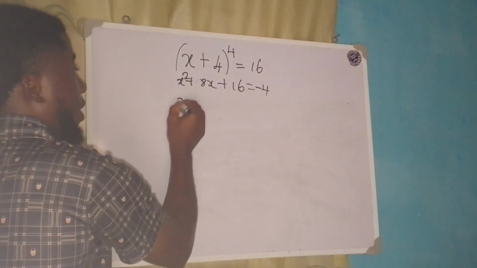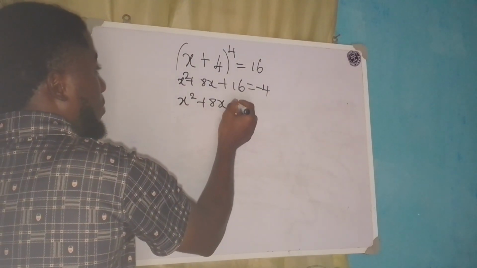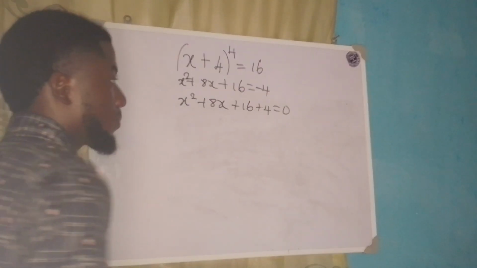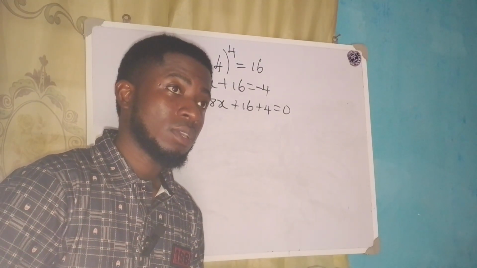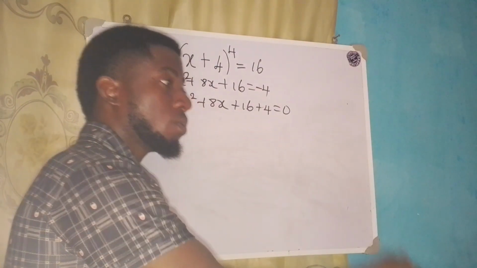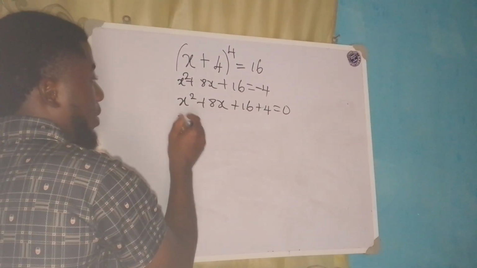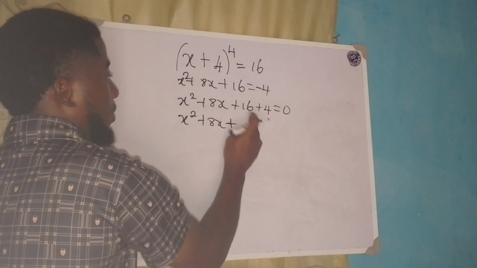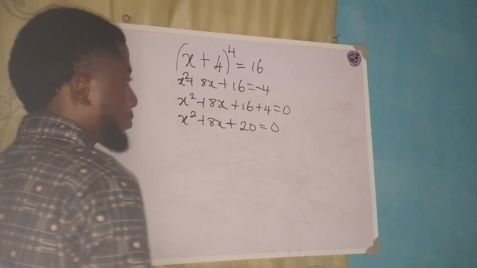Now, we have x squared plus 8x plus 16 plus 4 equals 0. How did I get the 16 plus 4? This is because the negative 4 will come to the left to become positive 4. So now we have x squared plus 8x plus 20 equals 0.